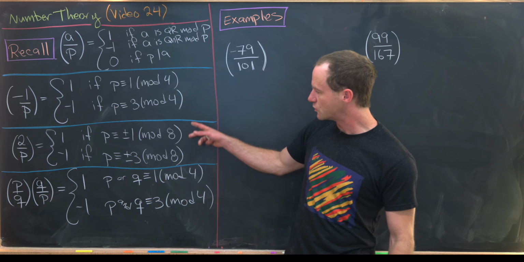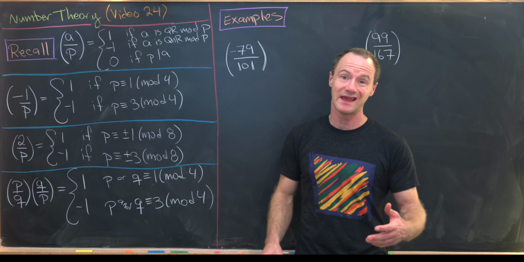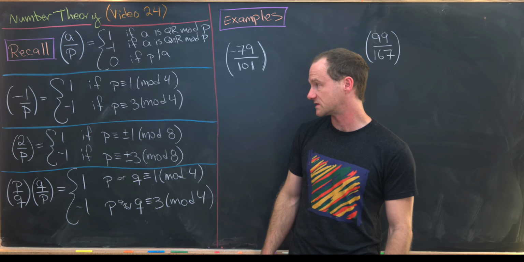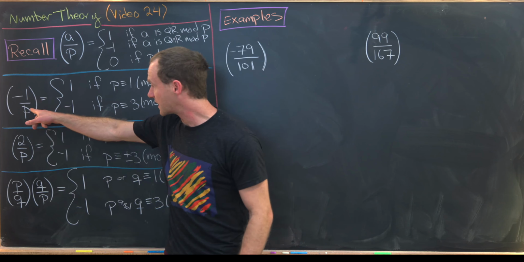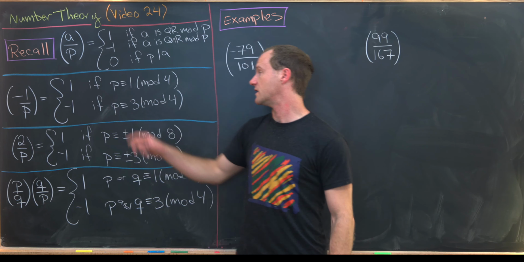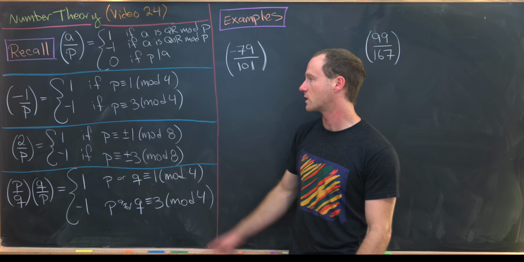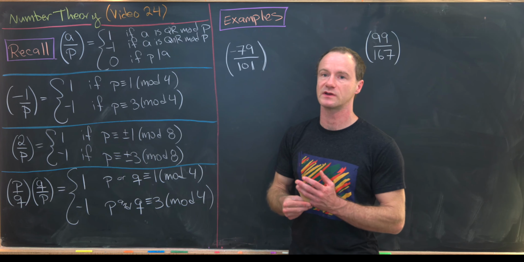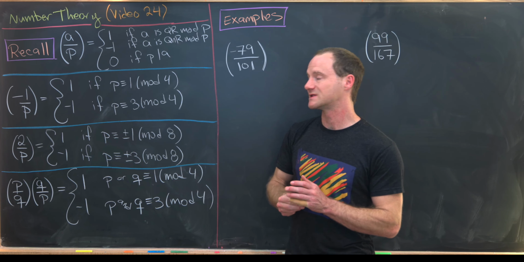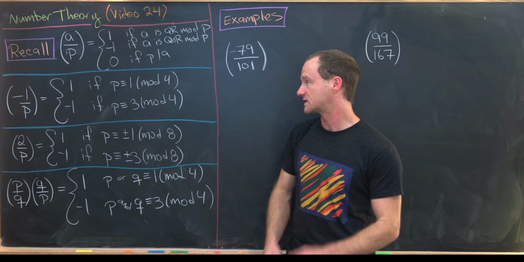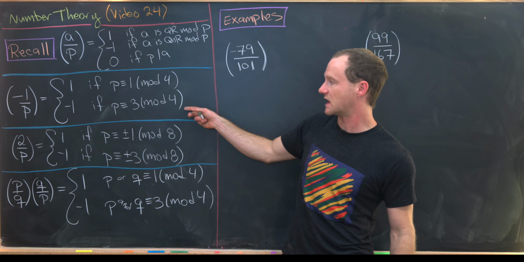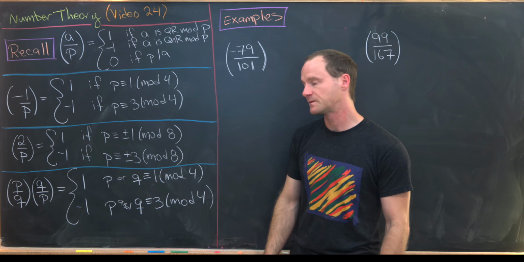Then we had these two results, which are important, and they cannot follow from quadratic reciprocity. And that is -1 by P is 1 if P is congruent to 1 mod 4, and -1 if P is congruent to 3 mod 4. In other words, -1 is a perfect square in this case, but it's not a perfect square in this case.